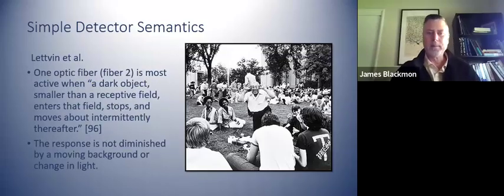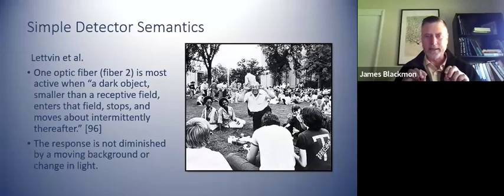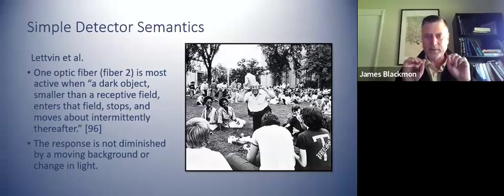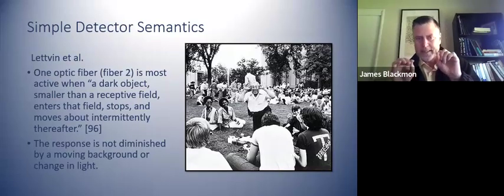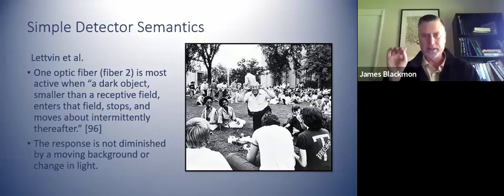Okay. So one optic fiber, fiber two, gets really excited when a dark object smaller than a receptive field enters that field, stops, and moves about intermittently thereafter. So intermittently just means a little bit, then it stops, then a little bit again, not necessarily with a pattern.